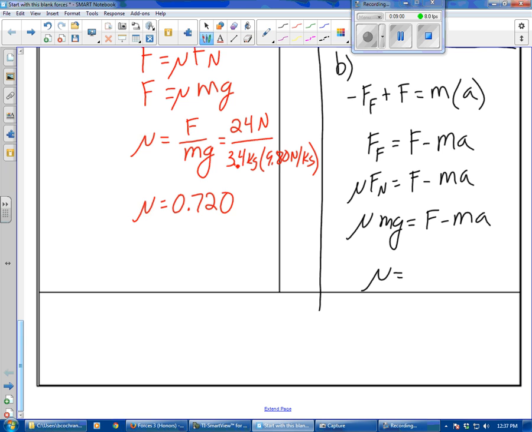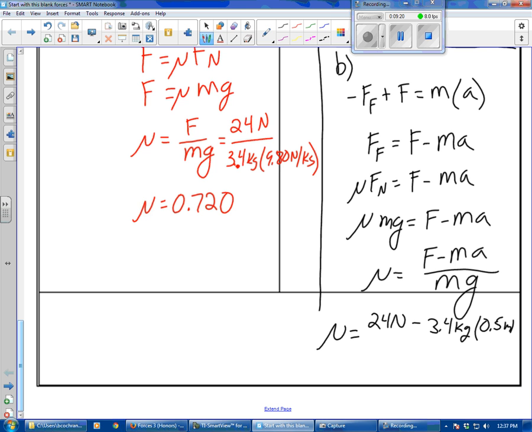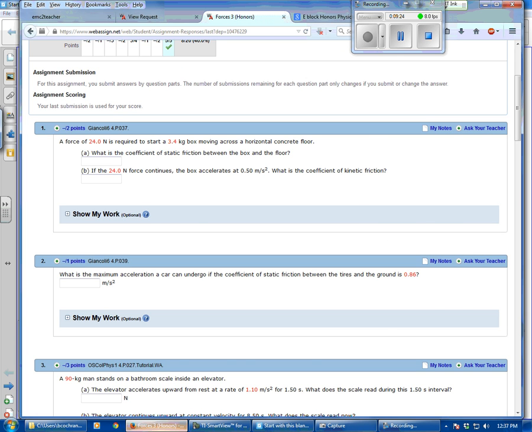So mu equals F minus MA over mg. So mu equals 24 newtons minus 3.4 kilograms times 0.5 meters per second squared. I think that's right. Didn't it say half? Yep.